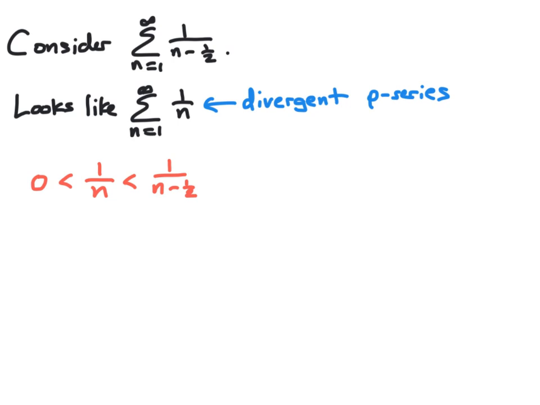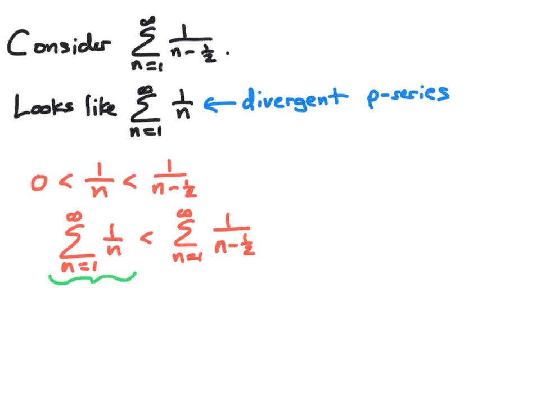And so what we obtain is that the sum n equal 1 to infinity of 1 over n is going to be smaller than the sum n equal 1 to infinity of 1 over n minus 1/2. So we have the values of these series related in this particular way.